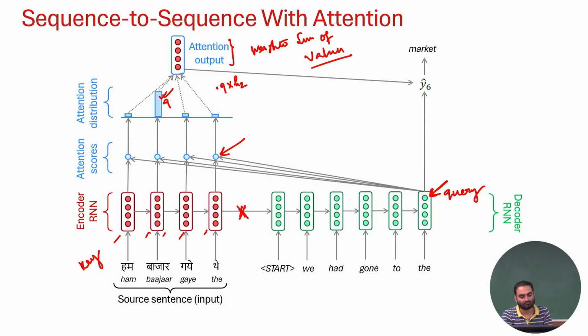Remember, in any alignment, as I mentioned already, token to token correspondence is not explicit. For example, I am going to school. मैं school जा रहा हूँ, right? "Am going to" corresponds to "जा रहा हूँ", right?